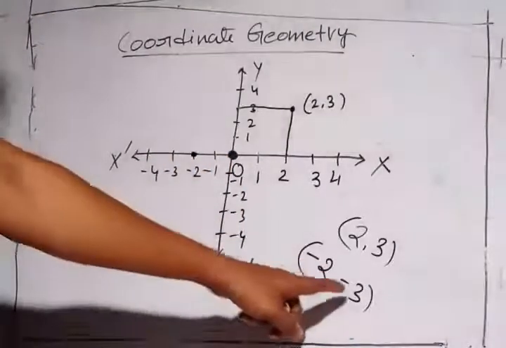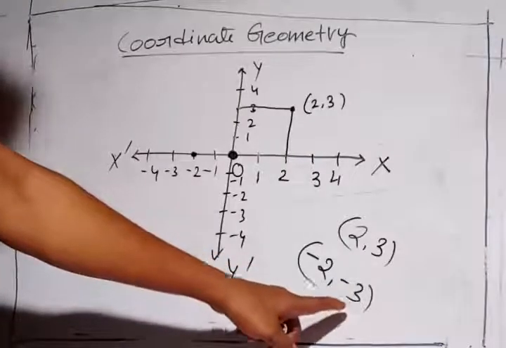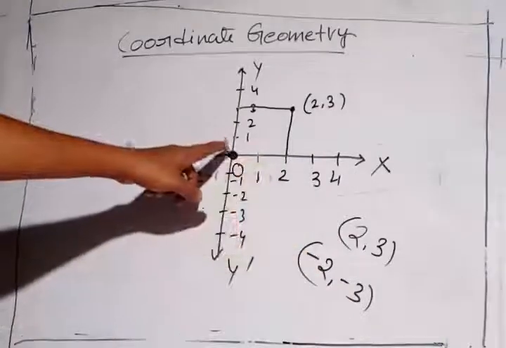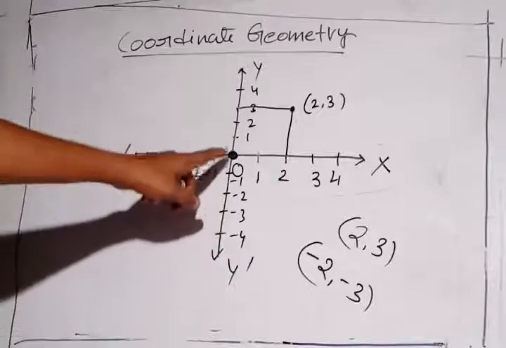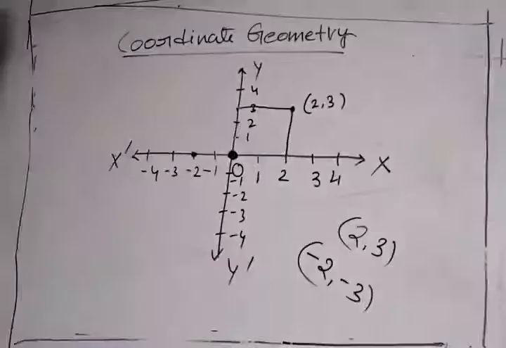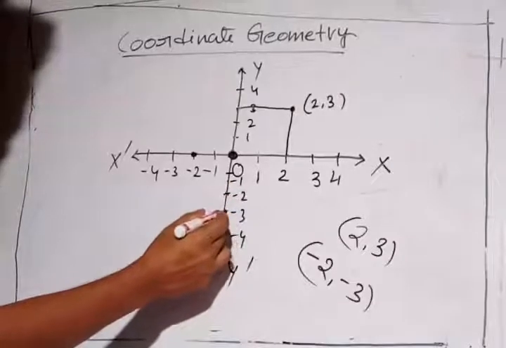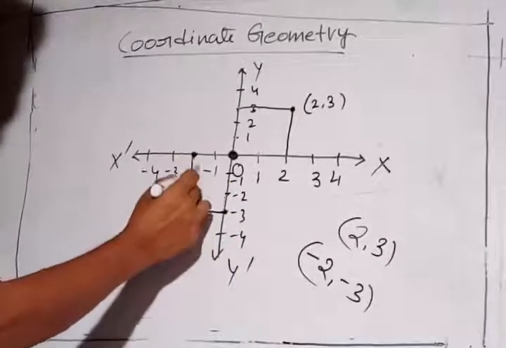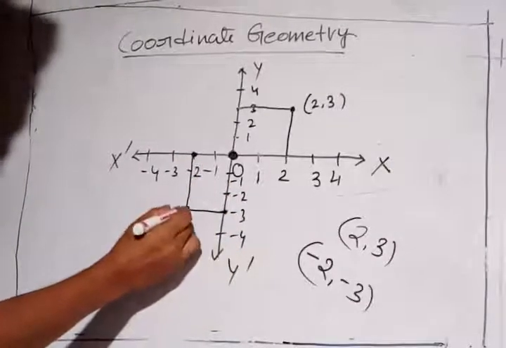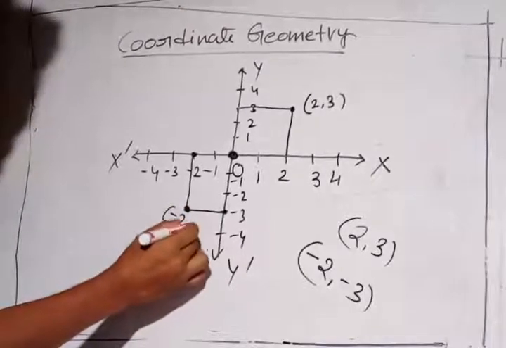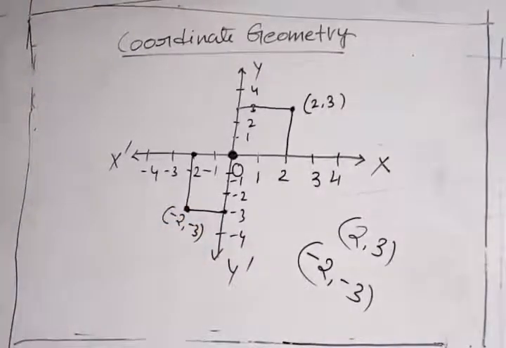Then -3, this is the value of y, that means now downside you have to go, because these are negative y. So -1, -2 and -3, this. Just join these two. So this point will be your -2, -3. This way you have to put the values of x and y in the graph paper.